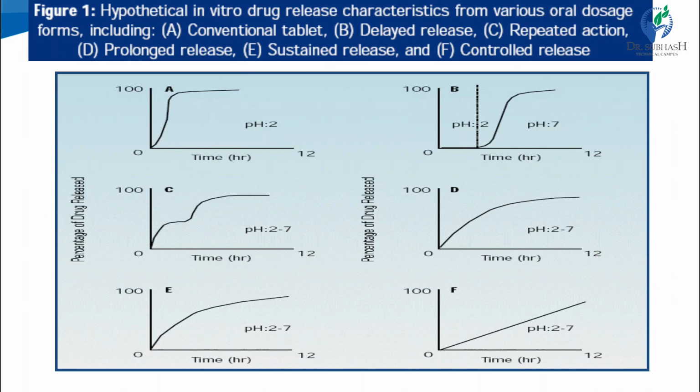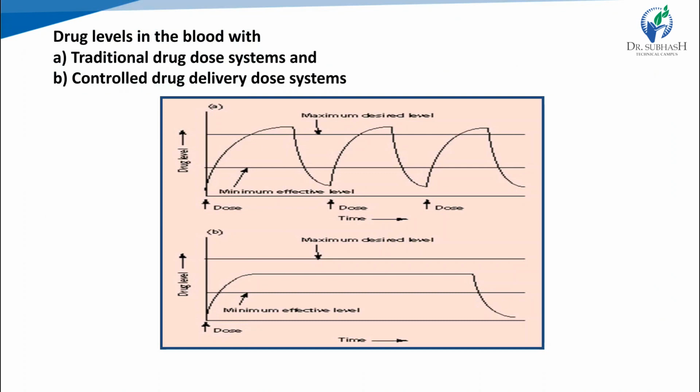They release the drug for up to 24 hours or a prolonged, extended period of time. And the fifth one is linear: in the graph with time, the concentration is maintained throughout an extended or prolonged period of time. That is controlled release. So the F image represents the controlled release type of dosage form or drug release system.